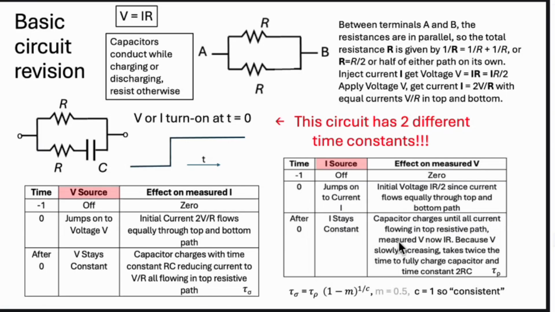So the measured V is now IR because all the current's just at the top. So voltage slowly increases through the circuit, and it actually takes twice the time to fully charge the capacitor. If resistances have different values, you can vary this, relating resistance to chargeability, which I won't get into.